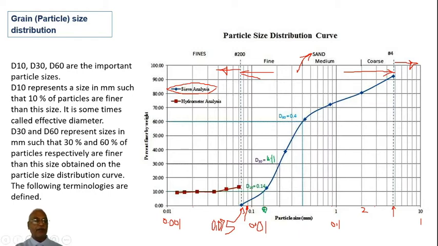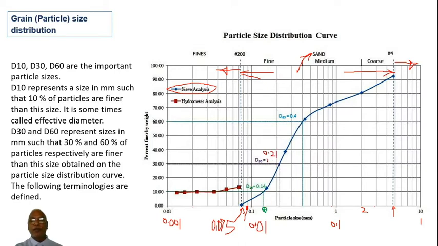I'm sorry, 0.21 it should have been. I'll take it off. Let me write it. D30 is equal to, because this is 0.2 already, this is slightly more than 0.2, say 0.21 mm.